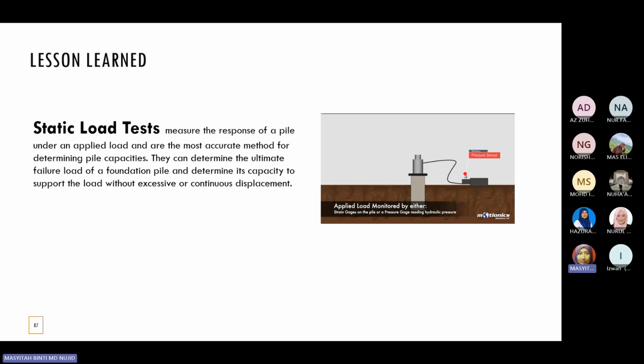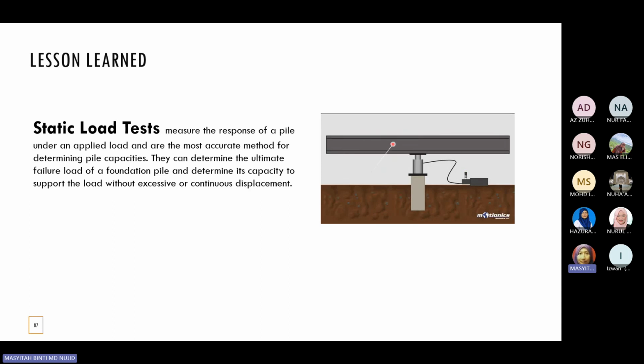Here, a wireless pressure sensor is installed on the pressure port of the hydraulic pump to monitor load application. Then, the load beam is placed on top of another bearing plate over the hydraulic jack to react against load. The load beam is adjusted to be centered and level to ensure uniform load on the pile.